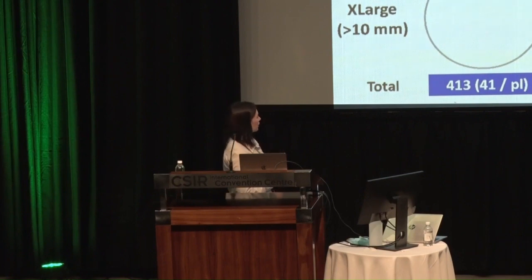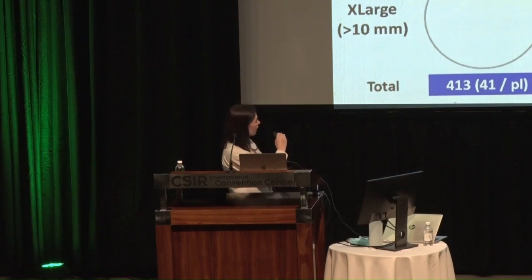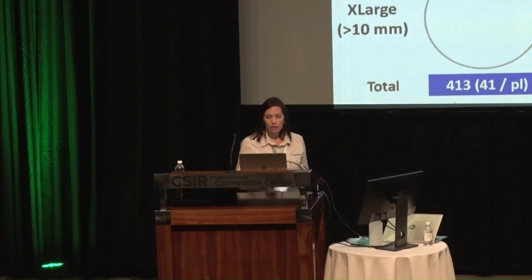I don't want to go into too much detail, but you can see the first cultivar had an average of 41 nodules per plant, the second one on average 1 per plant, the third one 8 nodules per plant, and then the last two between 1 and 2. But look at the size distribution. It's totally different between the cultivars. So that was really interesting to see how different cultivars respond to exactly the same inoculant.